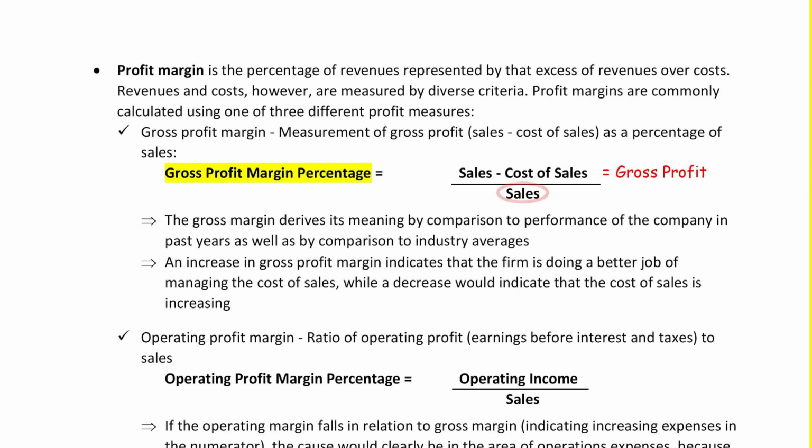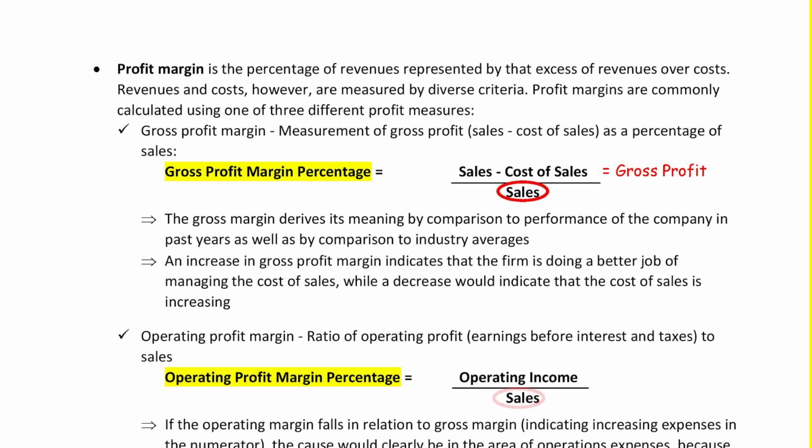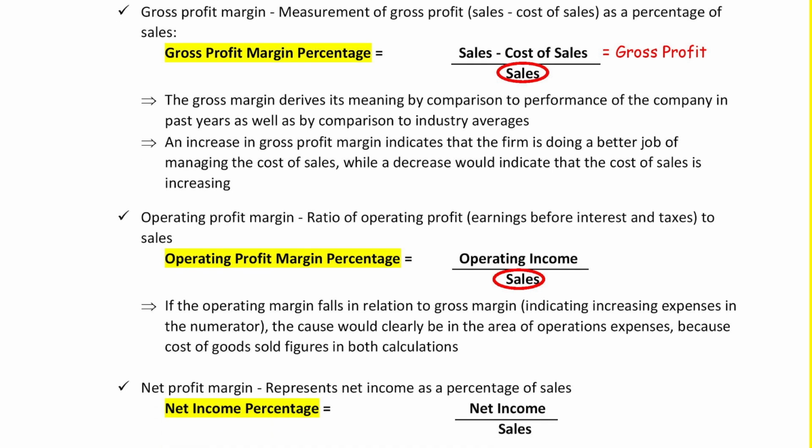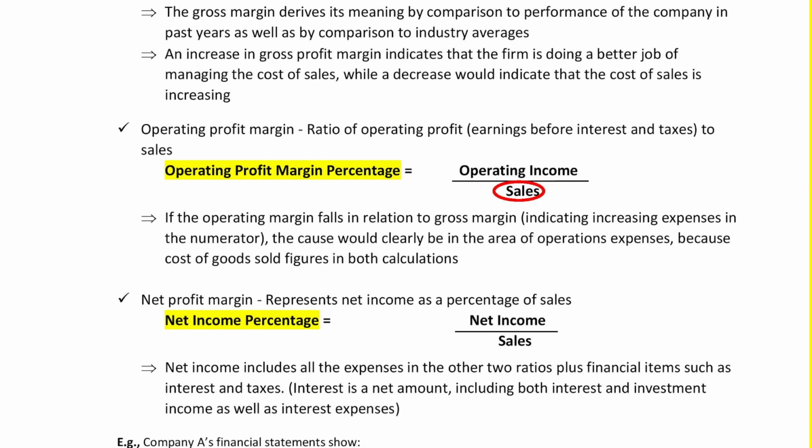So the gross profit margin is gross profit divided by sales. Highlight operating profit margin percentage. That's operating income divided by, circle, sales. Highlight net income percentage. That's net income by, again, circle, sales.